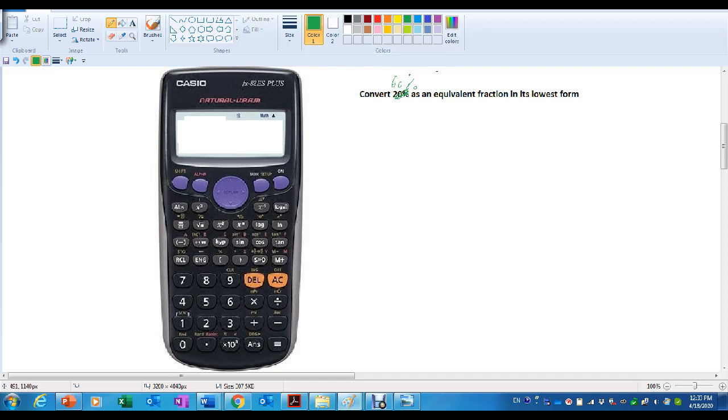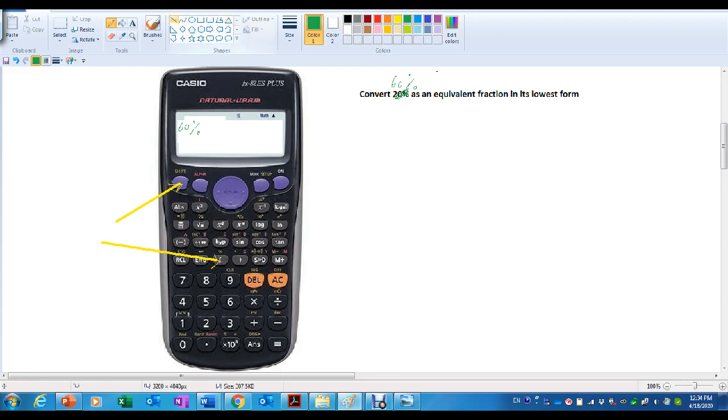Still remember how to do it? Press 60 here, right? And then you need to find the percentage sign. Press Shift, and which button? Here. Then this one, and after that you will see there's a percentage sign, right?